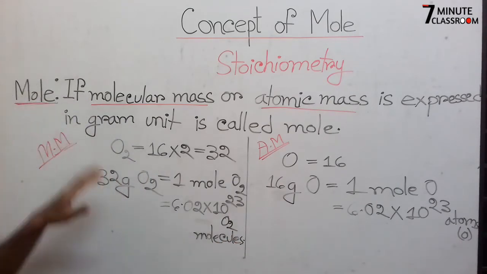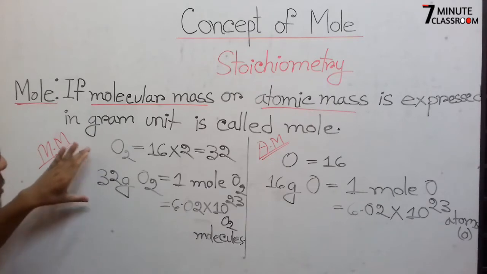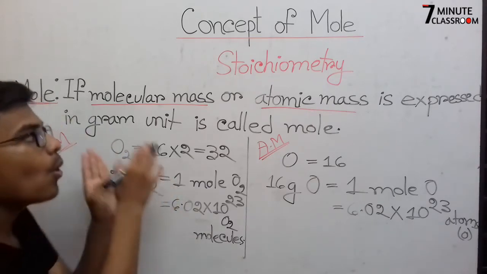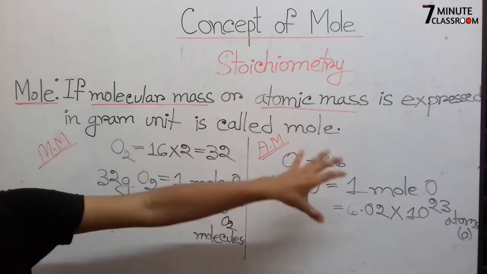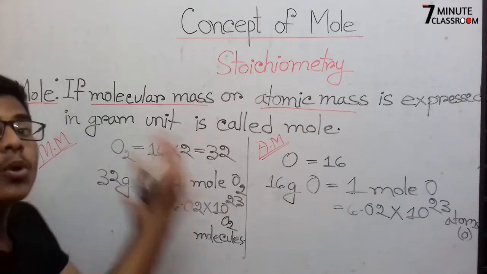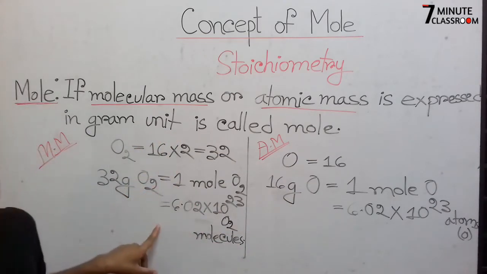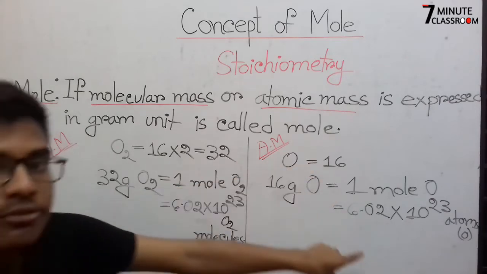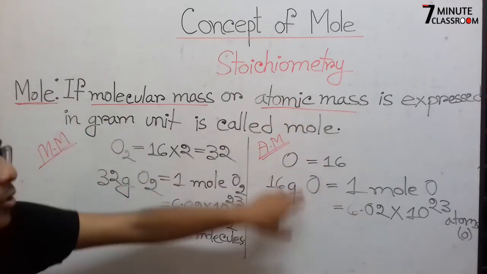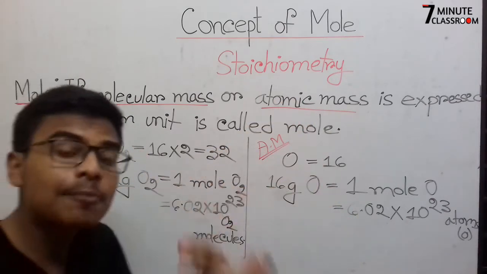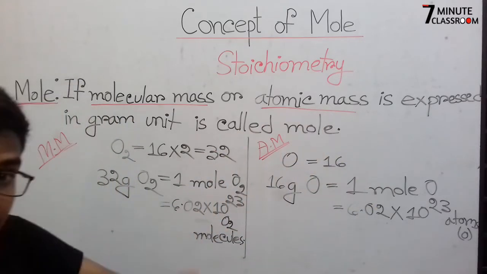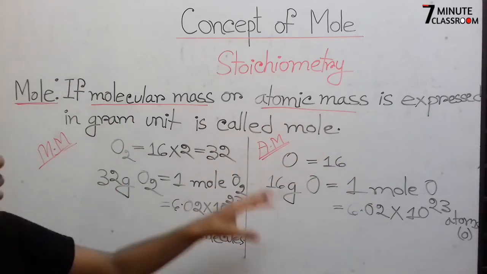That means here I have given an example of molecular mass, how molecular mass can be expressed in gram unit and how we call it a mole. And here I have given an example of atomic mass, how we can express atomic mass in gram unit, which will be called mole.